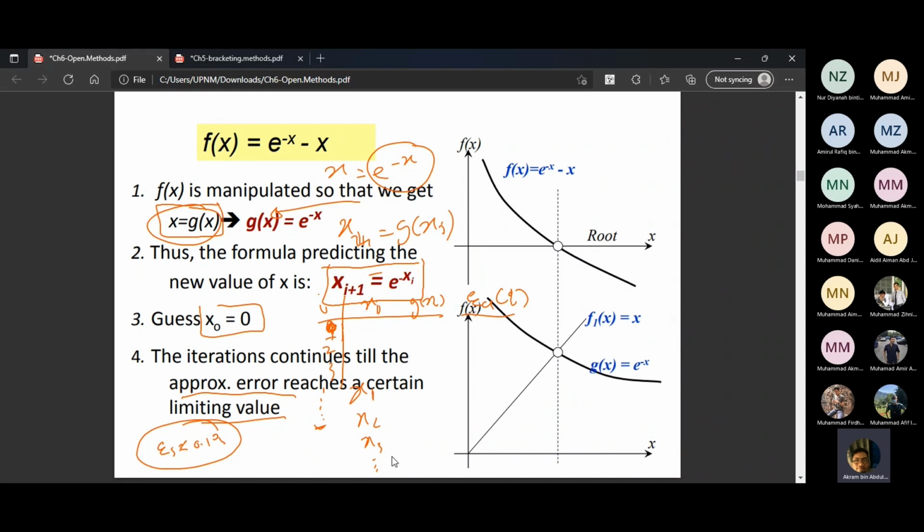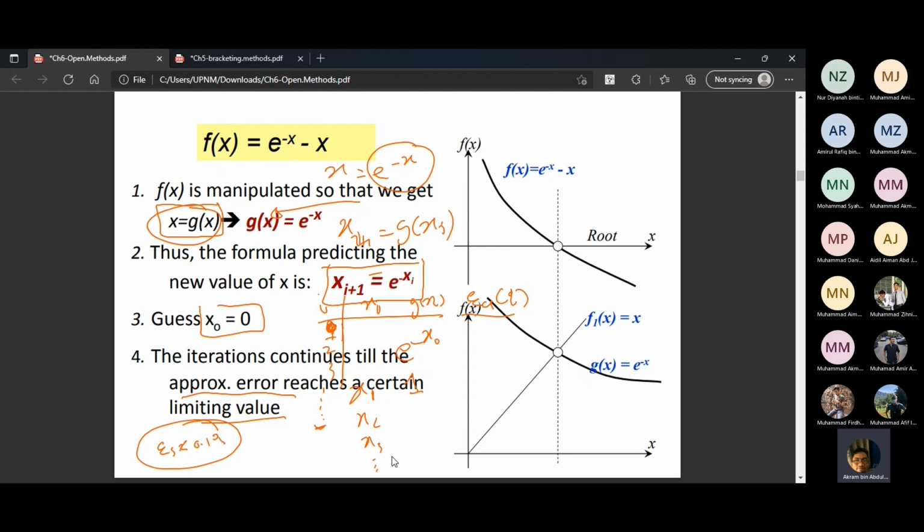In order to find x1, with i equal to 0, x1 is equal to exponent negative x0, where x0 is equal to 0. So our x1 value is equal to exponent negative 0, which is 1.